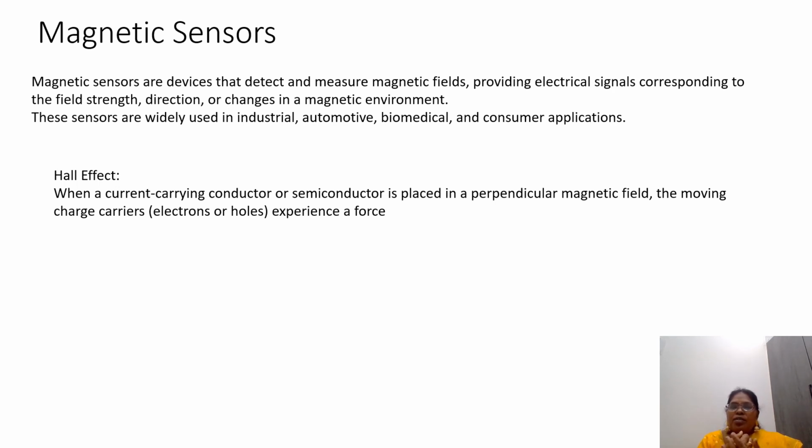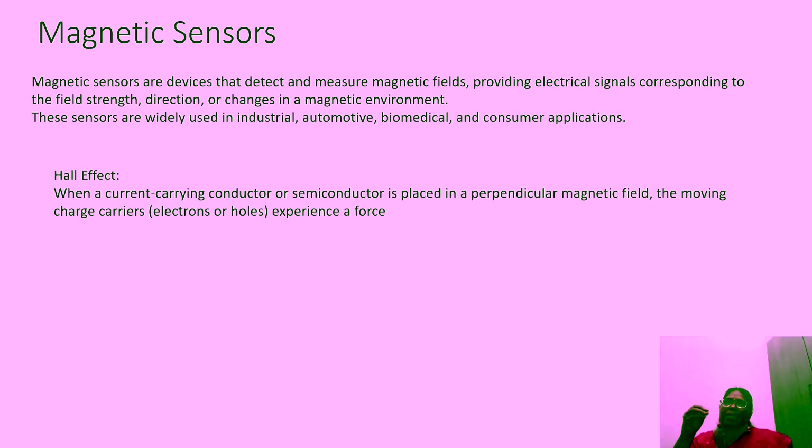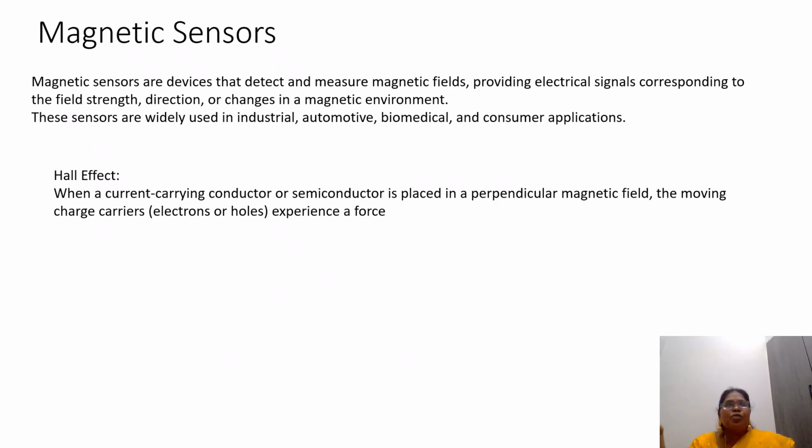These sensors are used in industrial, automotive, biomedical, and consumer applications. So the magnetic sensor measures how much magnetic field is present and converts it into an electrical signal.